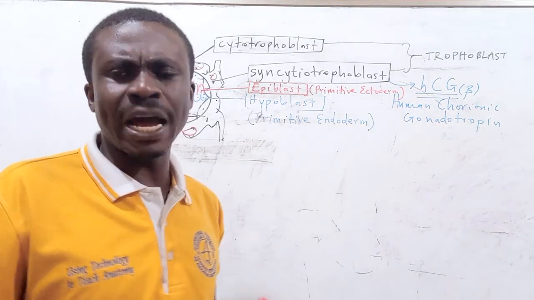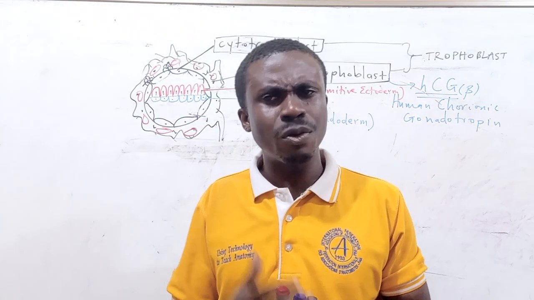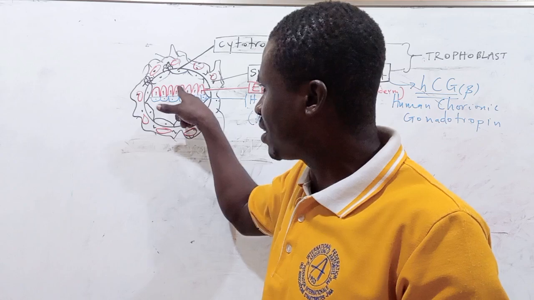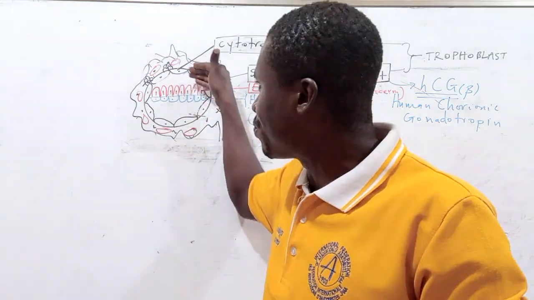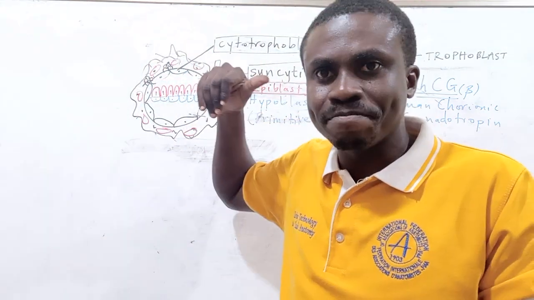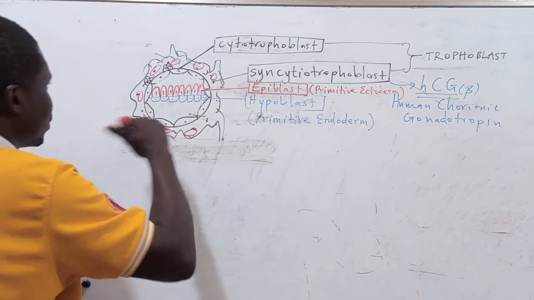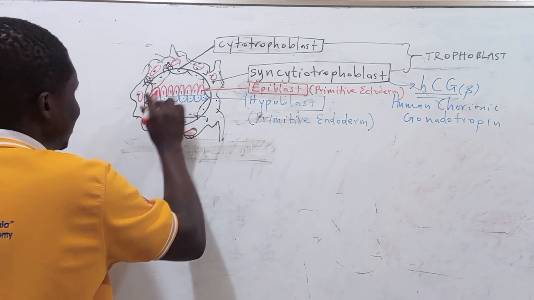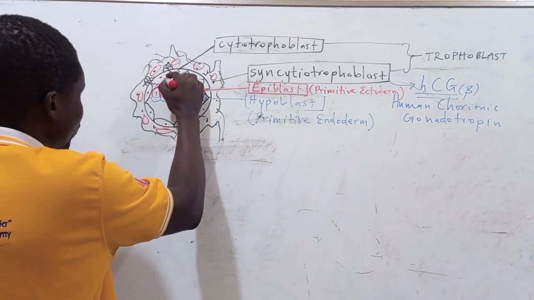Now, one more thing happens. The week of 2. What we see is that these cells of the epiblast and then the hypoblast will proliferate to line this area of the cytotrophoblast. So let's see what happens. So these guys, cells of the epiblast, they are in red, so I'm using red to show.